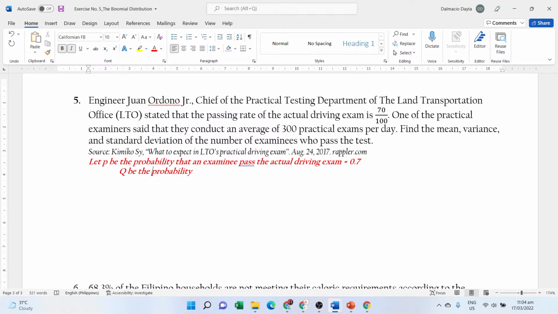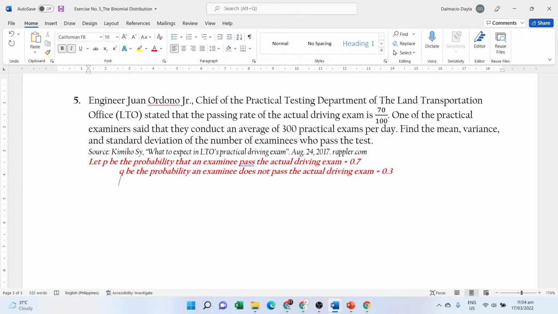Dapat small q lang, ha. Nag-auto-correct. Q be the probability that an examinee does not pass the actual driving exam. So that means this is equal to 0.3, 1 minus 0.7 or 1 minus 7 over 10. And n is equal to 300 since they have an average of 300 practical exams. Na?